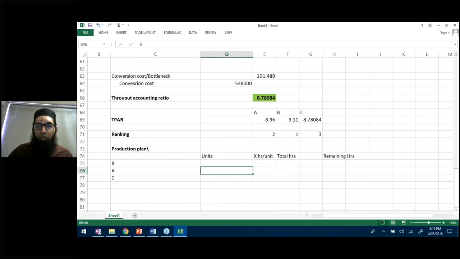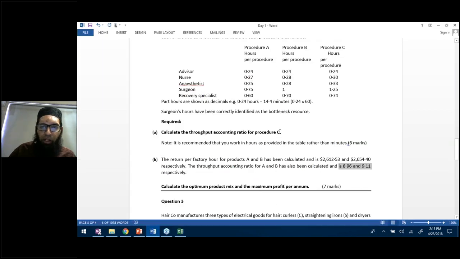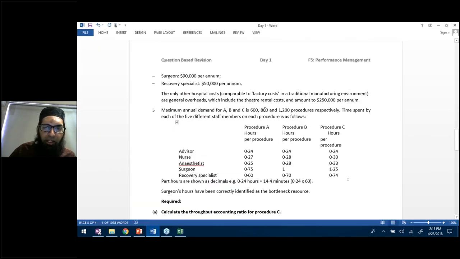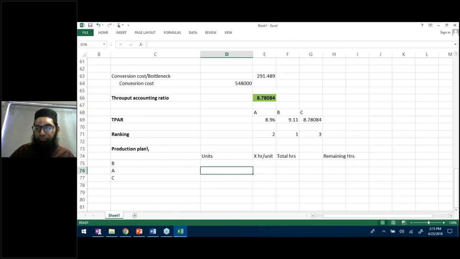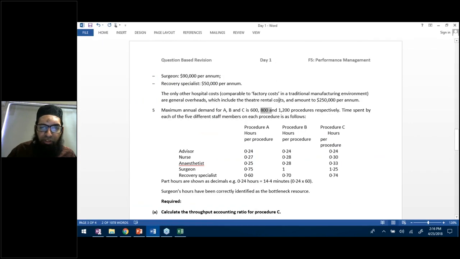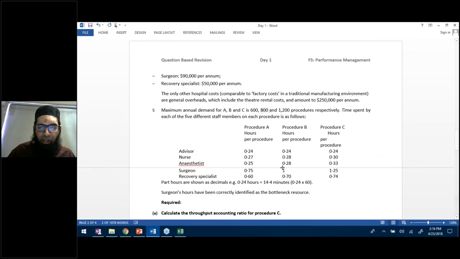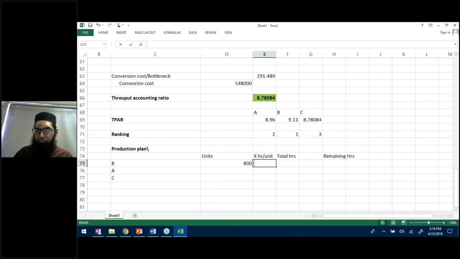So when I do procedure B, how many procedures of B will I be doing? It is 800. And each procedure B will take 1 hour of surgery. That means procedure B will take in total 800 hours.